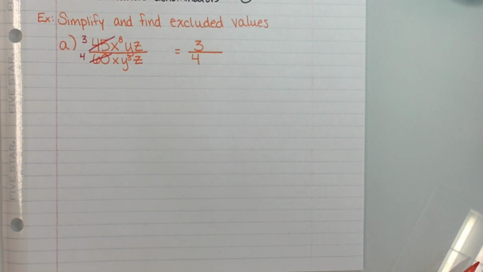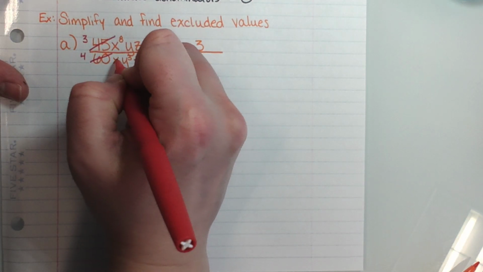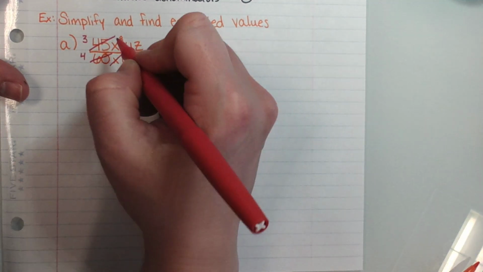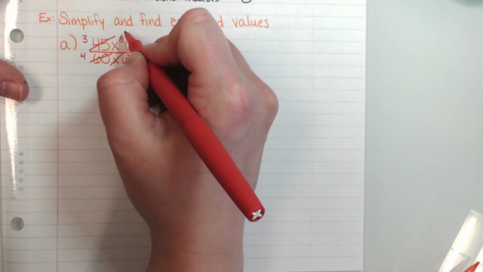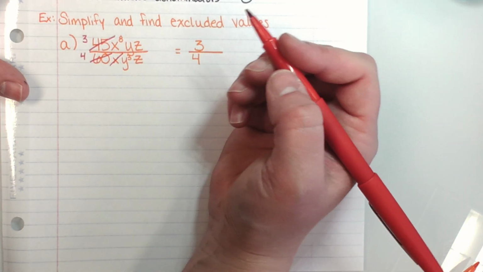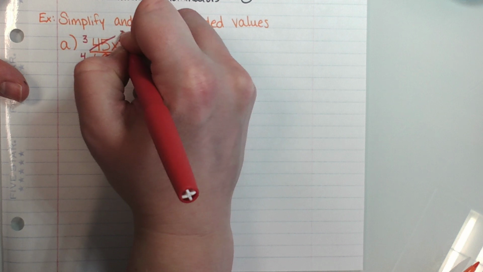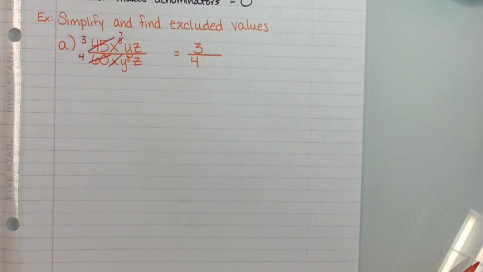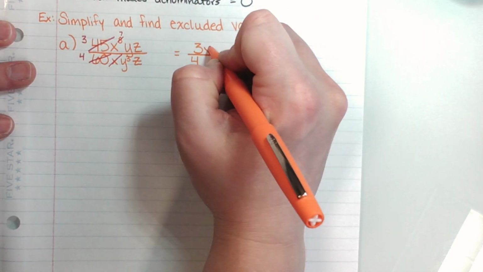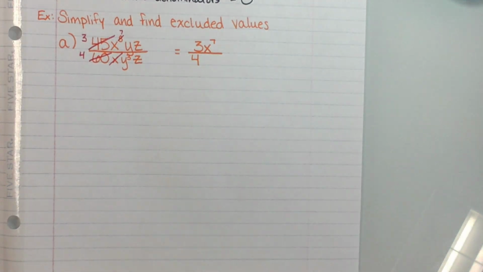Okay, I got an x to the 8th on top and an x on bottom. What's the biggest thing I can divide out of both x to the 8th and x? Just a singular x. Now, when I divide x out of this, it's going to disappear. X to the 8th getting divided by x, what am I left with? X to the 7th. When you're dividing variables, you're subtracting their exponents. So I'm left with an x to the 7th power up top.